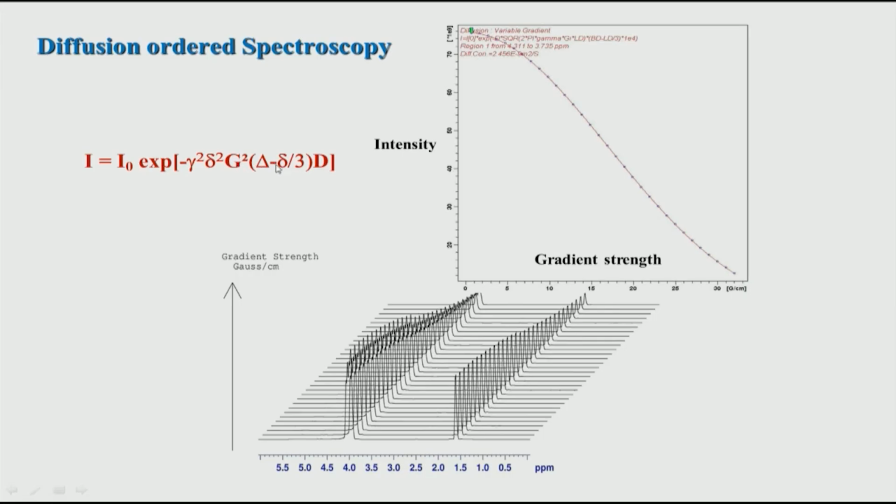Of course, if D is 0, imagine that you have some sample which has no diffusion, then the intensity should not change at all. The whole exponent will be 0 and the exponential of 0 is 1. So, I will always remain I0. But if your D is not 0, then the amount of signal which comes back because of the rephasing depends on this G value.